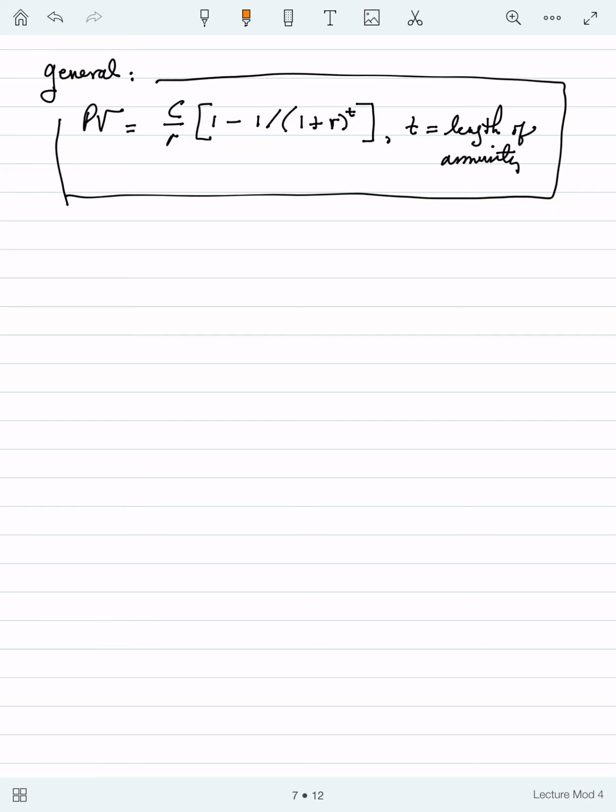Some people will want to use basically the textbook formula. That's fine. The key is remembering how you got to this point, when we figured out the present value of an annuity in its general form. So you won't fail at all if you understand how we got there. Let's do an example.